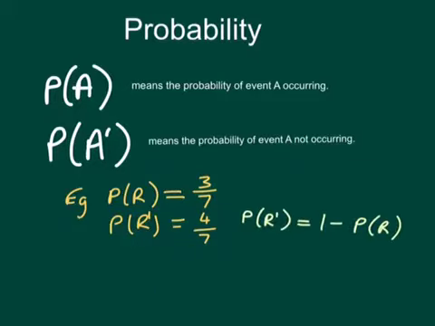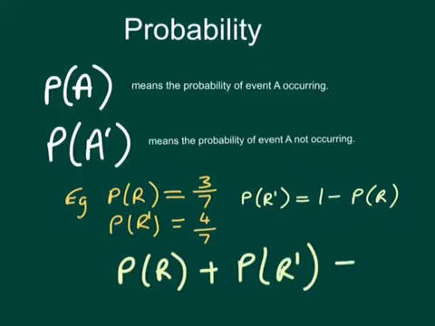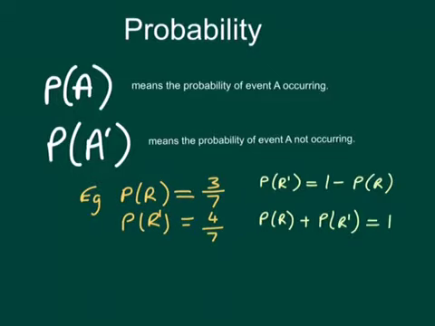Also, the probability of rain plus the probability of not rain is equal to 1, so the probabilities add up to 1. Lastly, on this slide, I'd just like to point out that the probability of A must always be a number between 0 and 1.